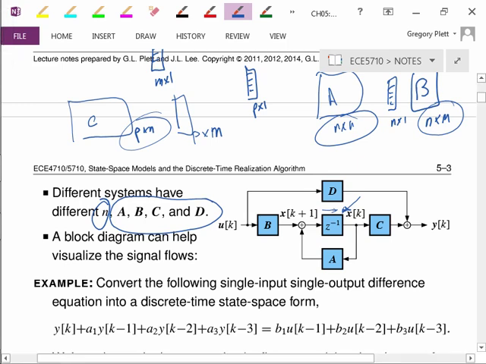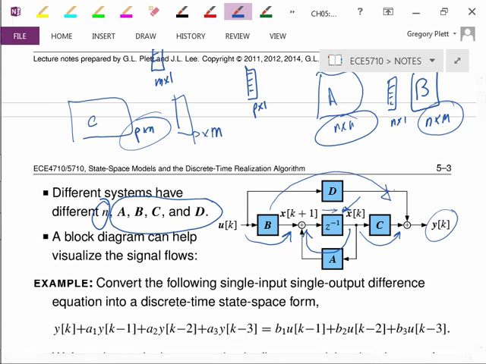So the input to this delay block is x[k+1], and we see that it is computed as A times x[k] plus B times u[k] in this diagram, and that's what the state space form says. Also, the output y[k] is equal to C times x[k] plus D times u[k]. So it's a simple diagram that actually can be used in simulation software to simulate a state space form, and we'll also look at MATLAB code that can do that as well.